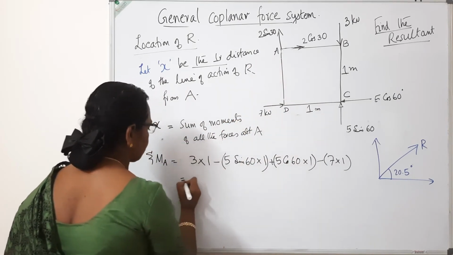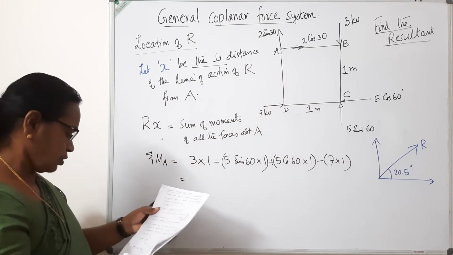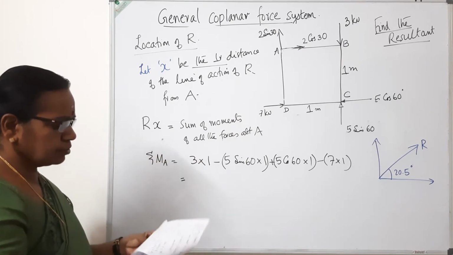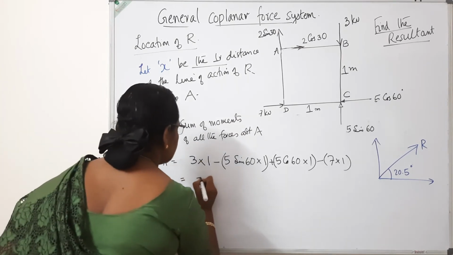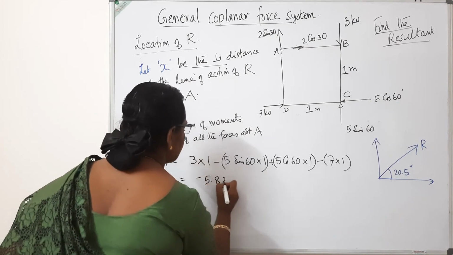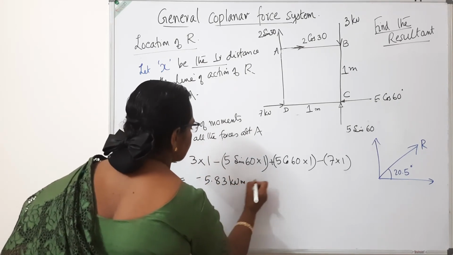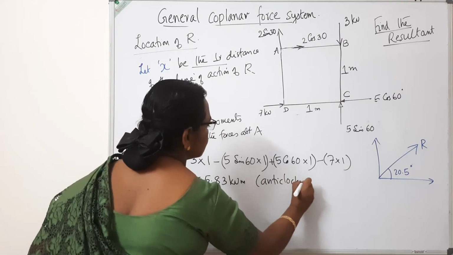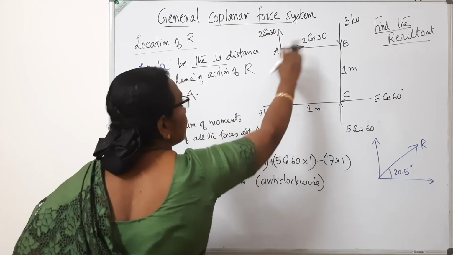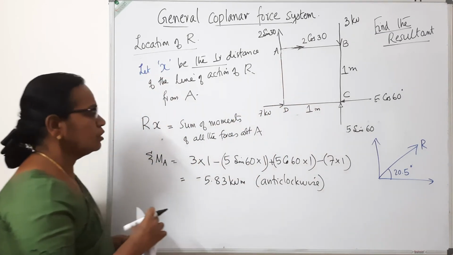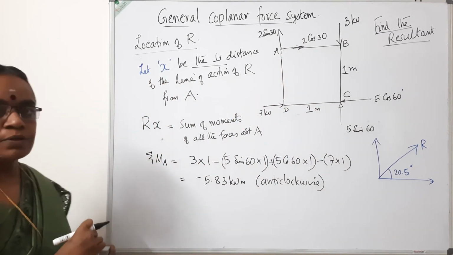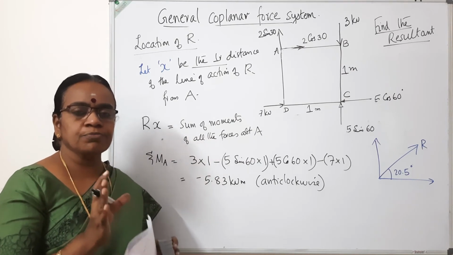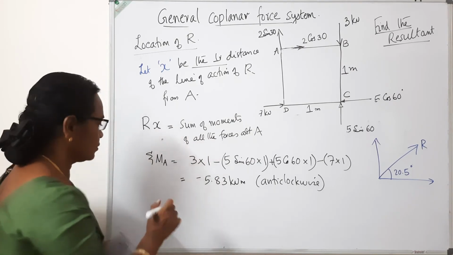So these are the moments. We can find out the algebraic sum. It gives minus 5.83 kilonewton meter. That means anti-clockwise moment. So the force system is producing an anti-clockwise moment about A. Hence, the resultant should also produce an anti-clockwise moment about A. That is a must.